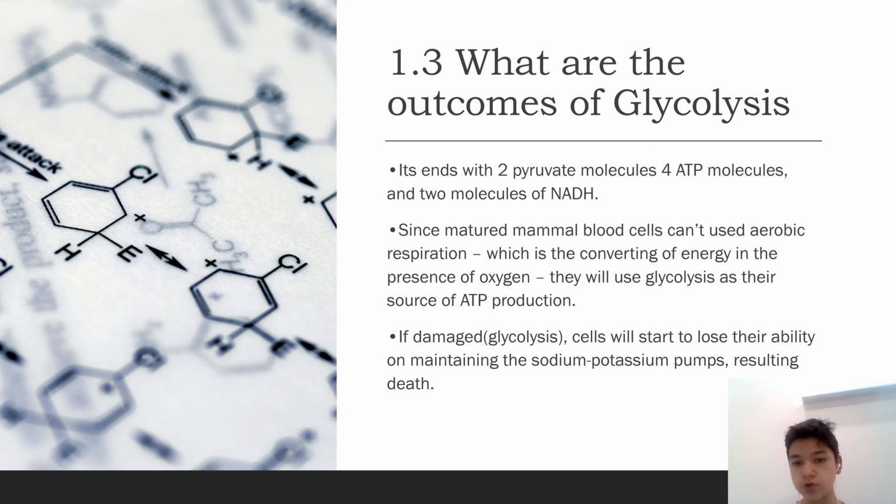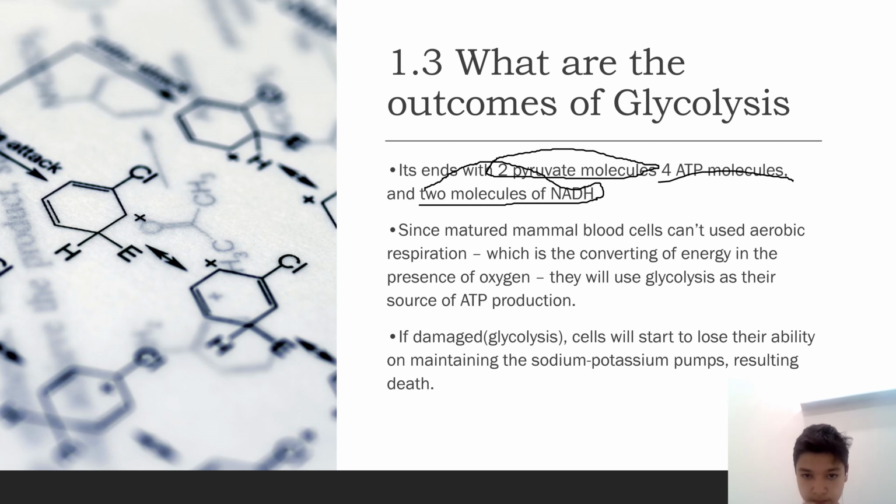It ends with two pyruvate molecules, four ATP molecules, and two molecules of NADH. The two pyruvate molecules are produced in the last, or 10th, step. The ATP molecules are produced in the first step and at the last steps, and then there are two molecules of NADH. So that's the first part.